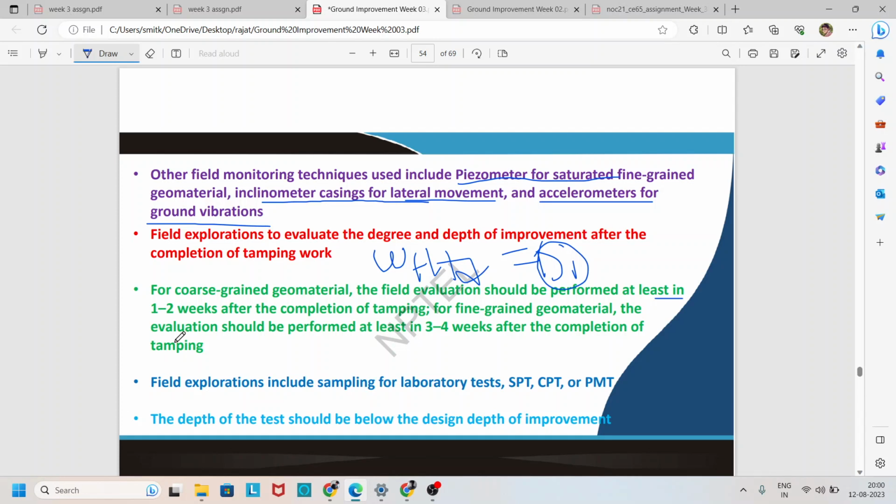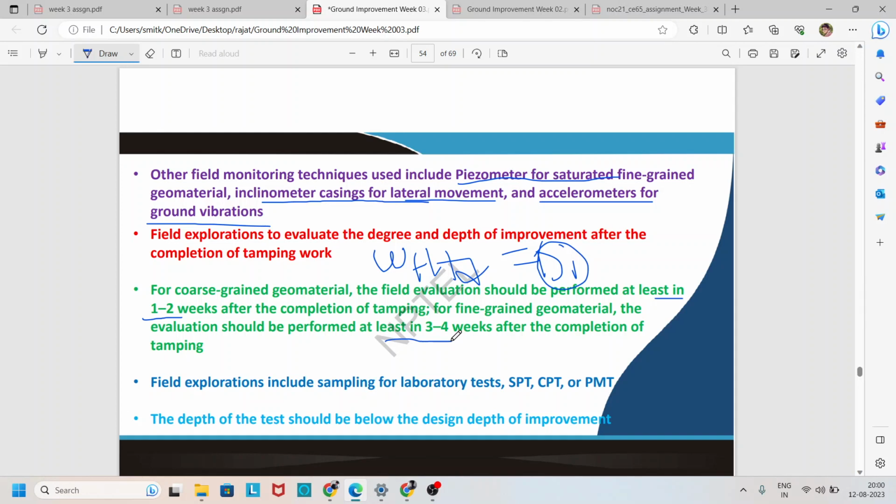Due to the cohesionless soil, the ground is not saturated, so excess pore water pressure is not created. So immediately the ground subsides, and the inspection can be done very quickly, that means in 1 to 2 weeks.